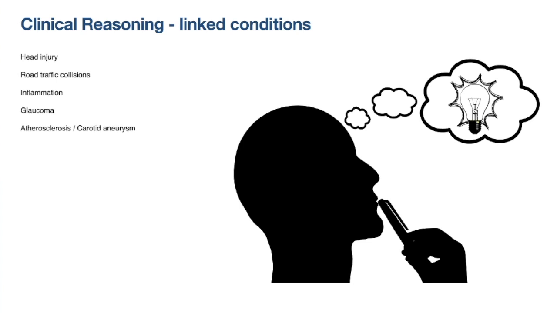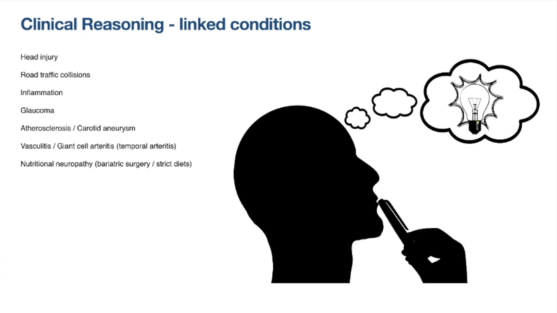Patients who've got atherosclerosis, have they got specific lesions such as maybe a carotid aneurysm developing? Could that be putting pressure on the nerves locally? Anything that occupies space like tumours. I mentioned inflammation generally, now we're getting more specific, so we're looking at giant cell arteritis and temporal arteritis as very specific pathology that you might have on your mind when you're thinking around this.